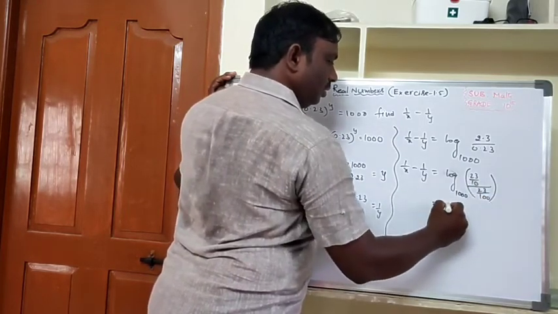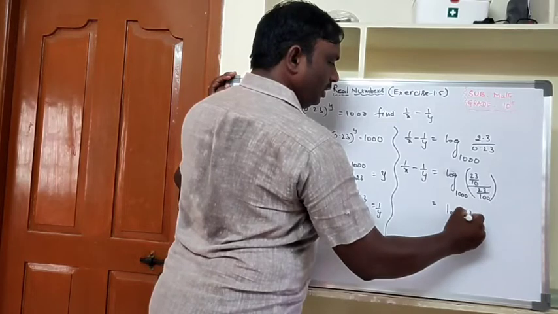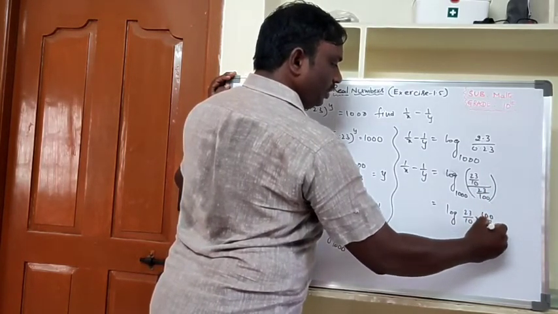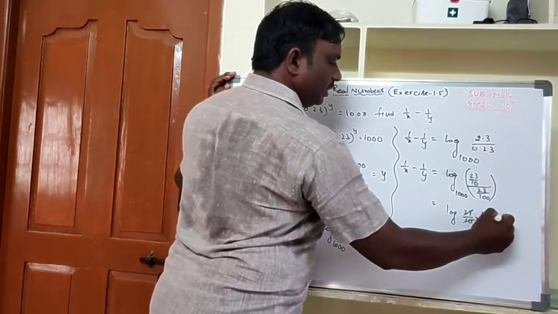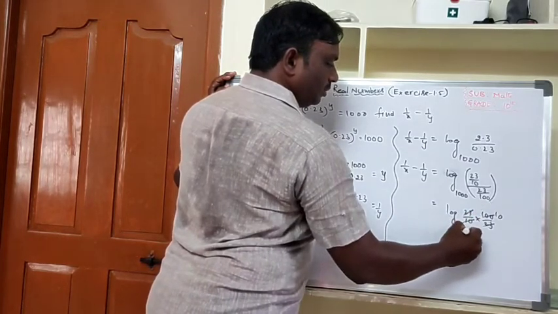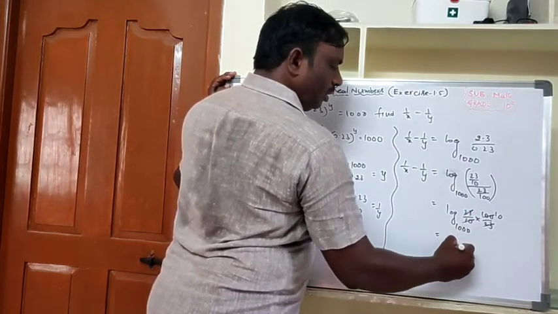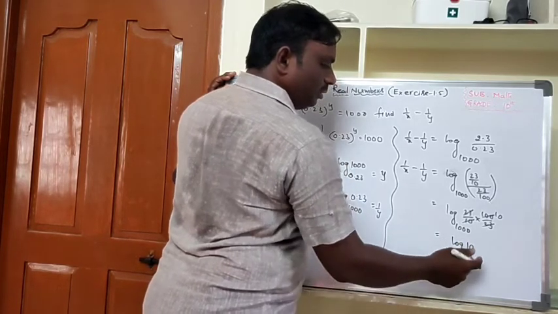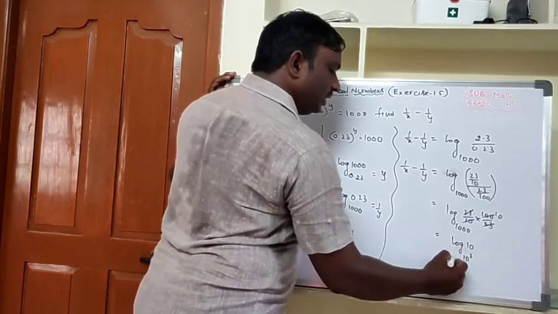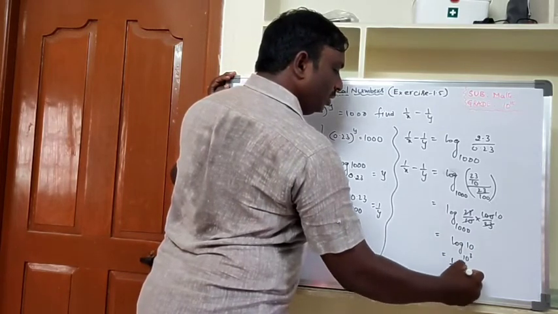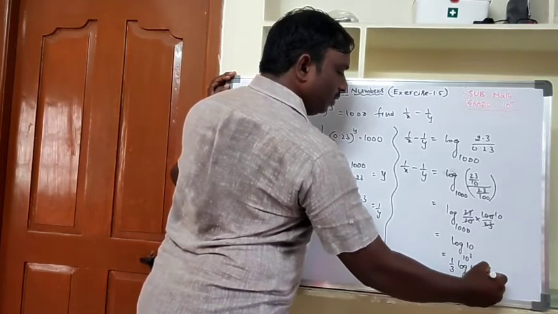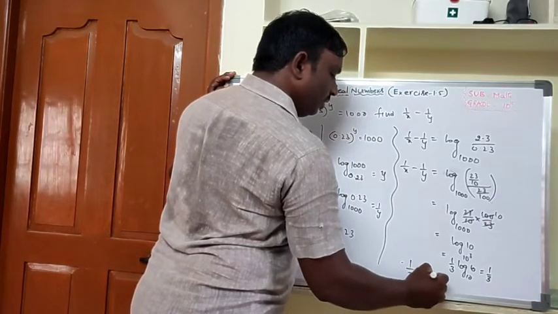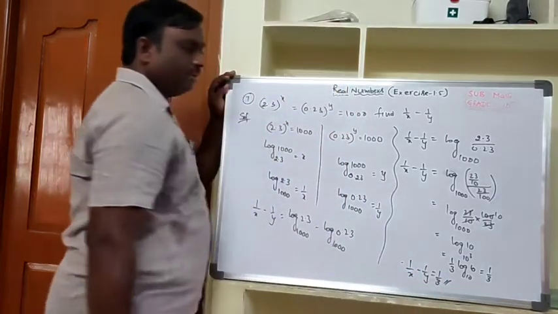So log 23 by 10 into, take the reciprocal, 100 by 23. 23 gets cancelled, 10 into 10. So this is 1000, so log 10 base 10 cube we can write. Power rule of the base means you can take the reciprocal, 1 by 3 into log 10 base 10, that equal to 1 by 3. Therefore 1 by x minus 1 by y value equal to 1 by 3.